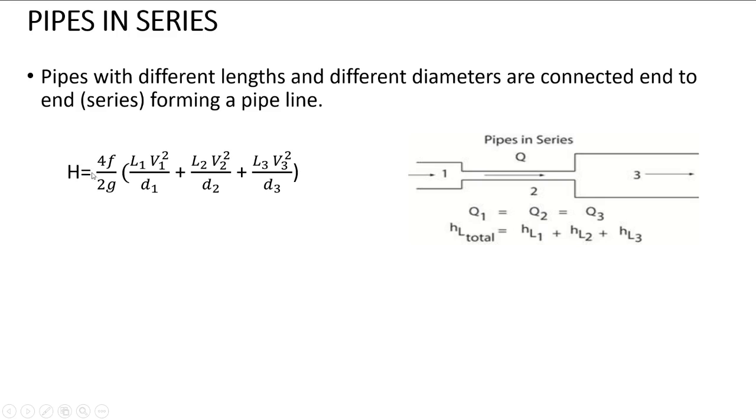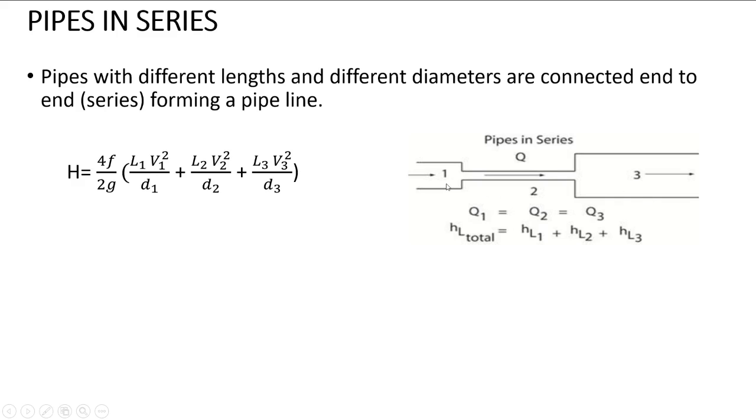H is equal to 4f divided by 2g, whole bracket, L1 V1 square by D1 plus L2 V2 square by D2 plus L3 V3 square by D3, where L1, L2 and L3 are the lengths of pipes 1, 2 and 3.